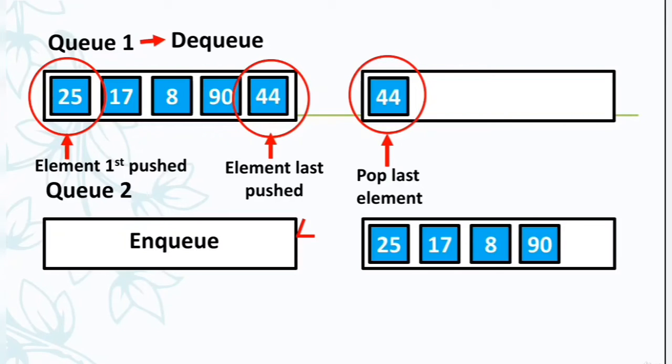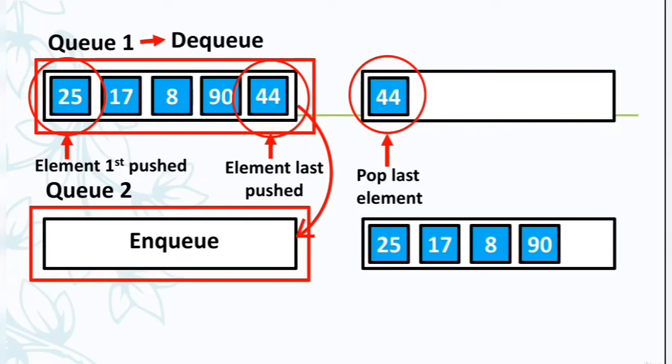This is the basic logic for the program, how we are going to implement the stack using two queues. So it works as LIFO; we have converted the FIFO principle into LIFO by using two queues.